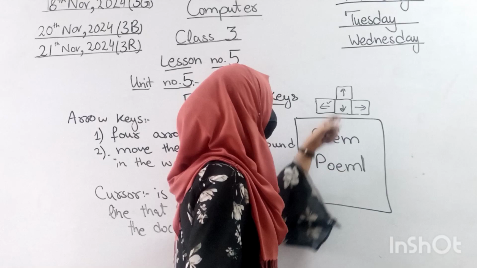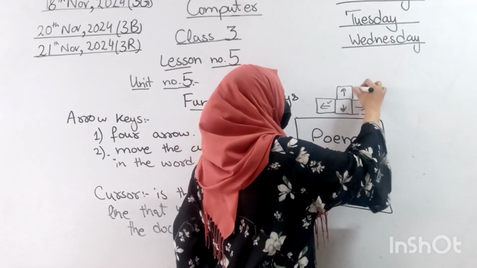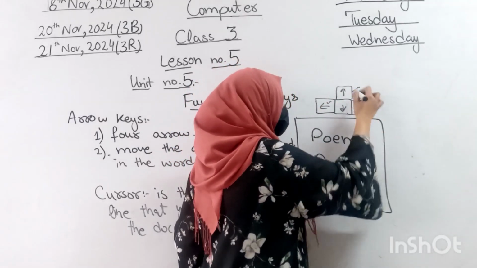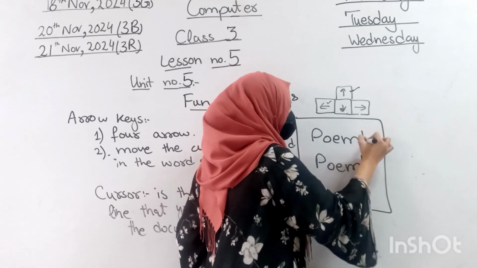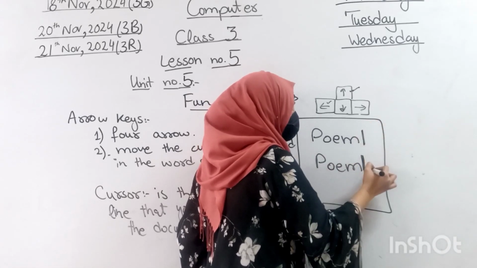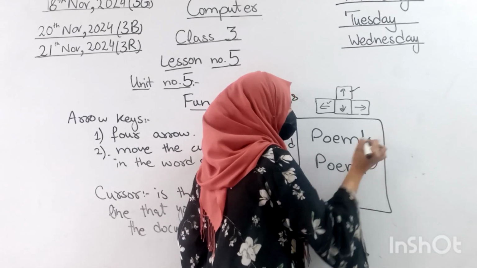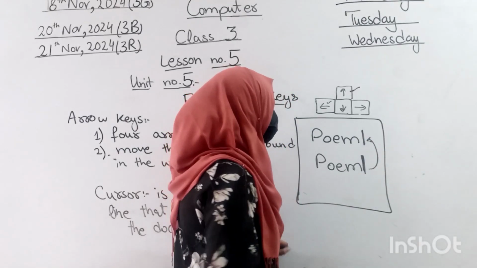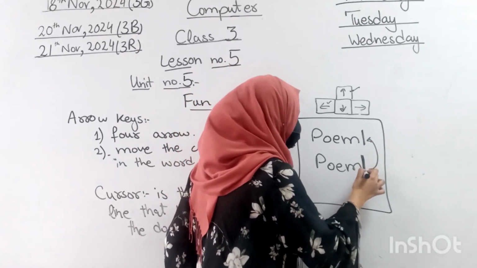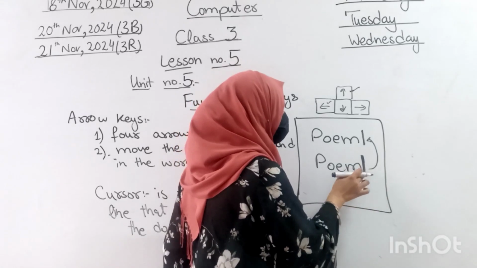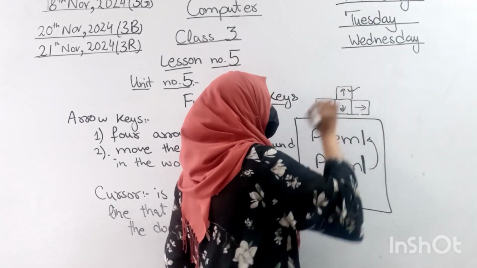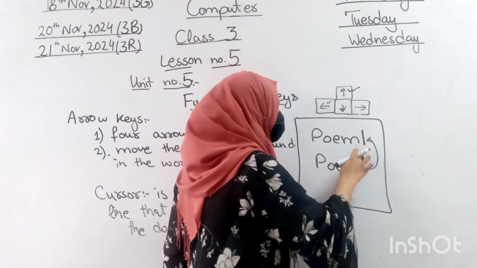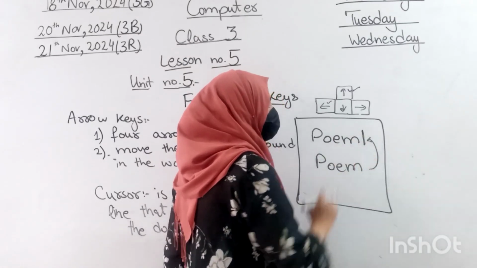So you will press on top arrow key, and the cursor will move from this place to this place. So if your cursor is at the bottom and you want to move it to the top, you will press on top arrow key and the cursor will move from bottom to the top.